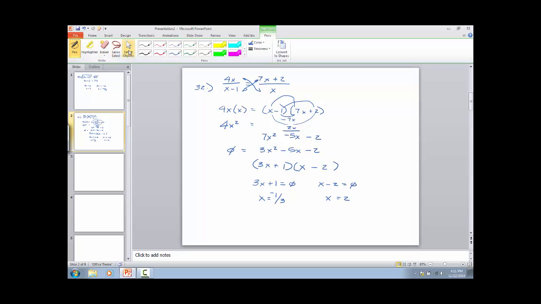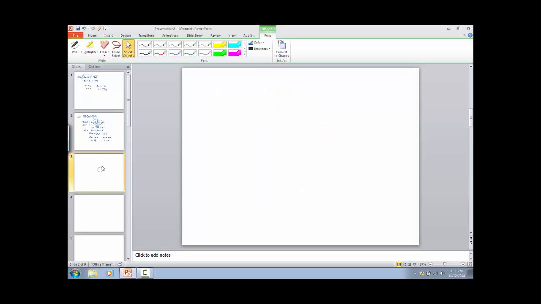Okay, we are going to pull on some skills that you used in the last section with adding and subtracting fractions. And this will be number 40.